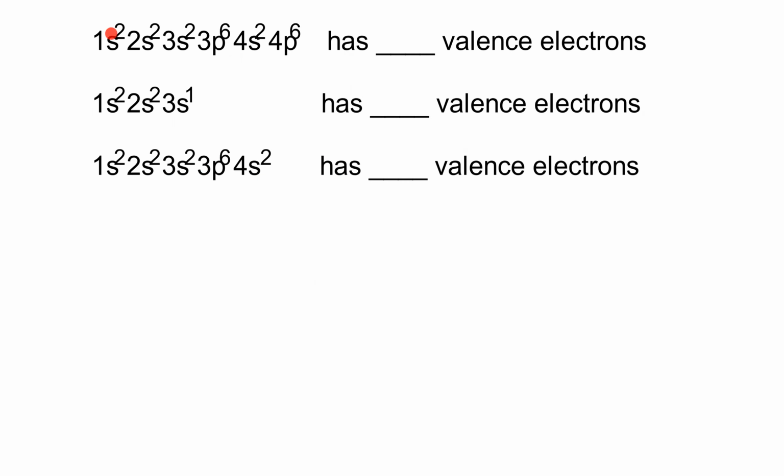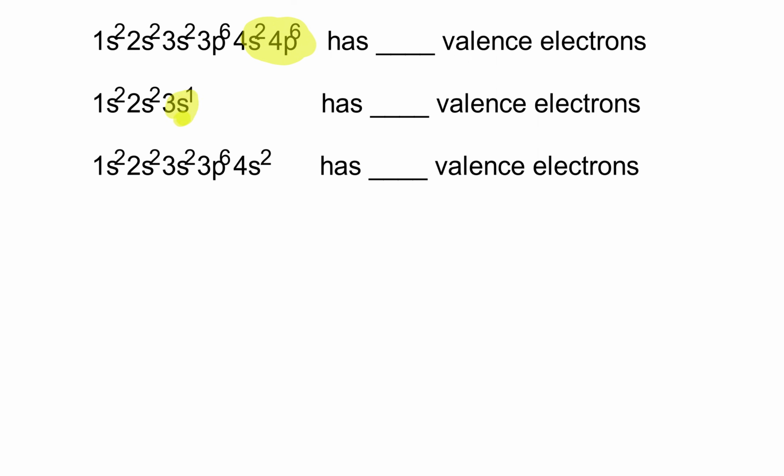Here we have 3 different electron configurations, and we want to know how many valence electrons there are. Valence electrons are only in the outermost s and p orbitals. This one has 8, so it must be a noble gas.